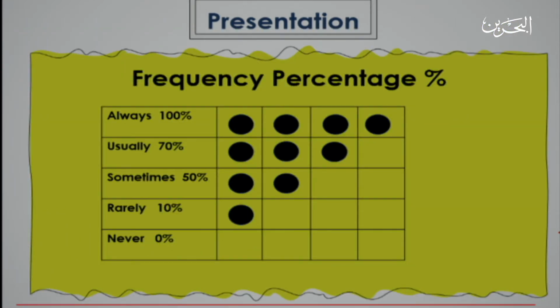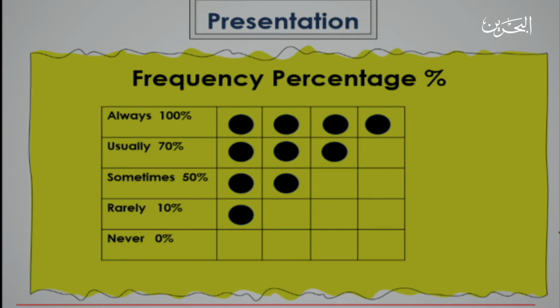Here's a schedule showing us the frequency percentage. Always means that the action happens 100% of the time. Usually means that this action happens 70% of the time. It means we do it a lot.